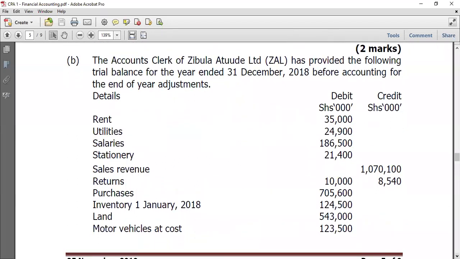As you can see, this is a question for Zebra today. They are saying this is their trial balance as at the end of 30th December 2018, before accounting for end of year adjustments. So this is our trial balance before we make any adjustments.